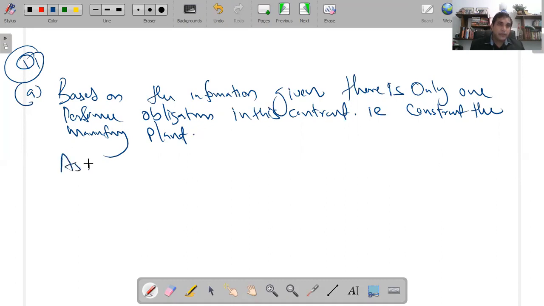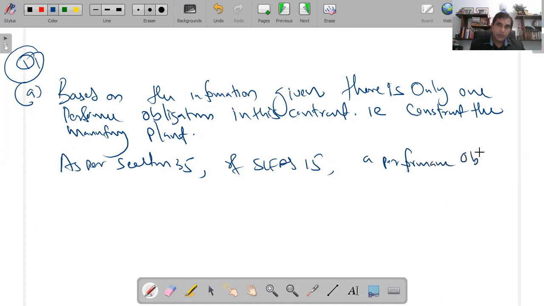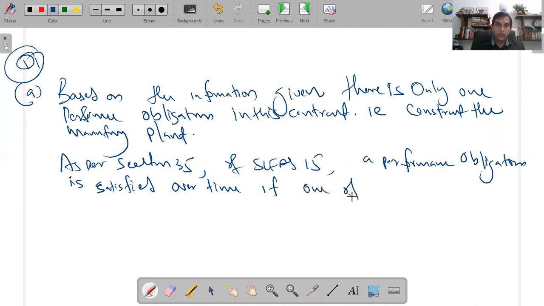As per section 35 of SLFRS 15, a performance obligation is satisfied over time if one of the following criteria is met.